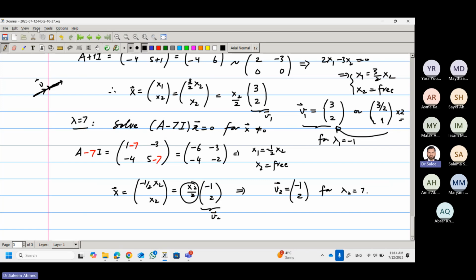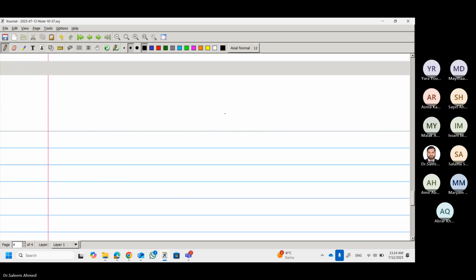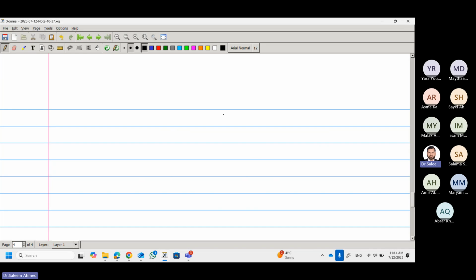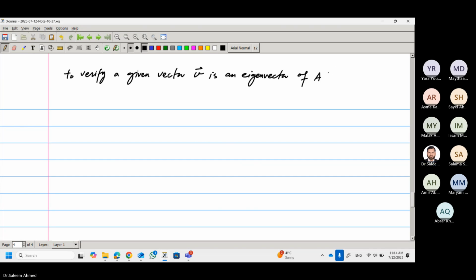If you have to only verify something is an eigenvector, no need to solve the whole thing. Let's say to verify a given vector V is an eigenvector of a matrix A, right? How to proceed?